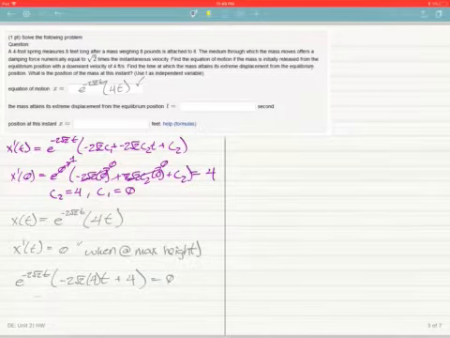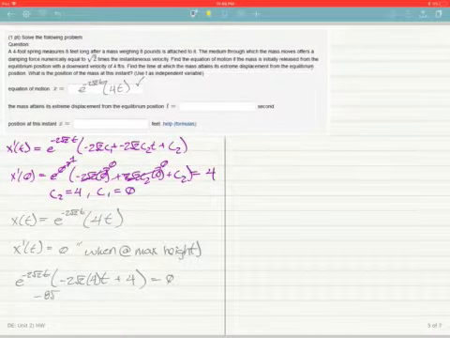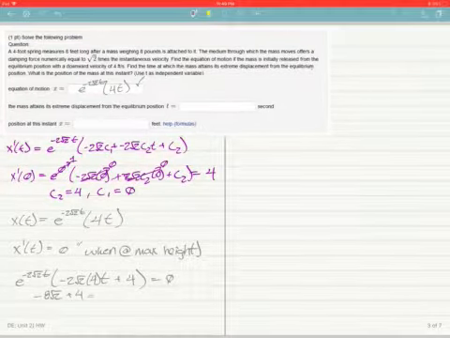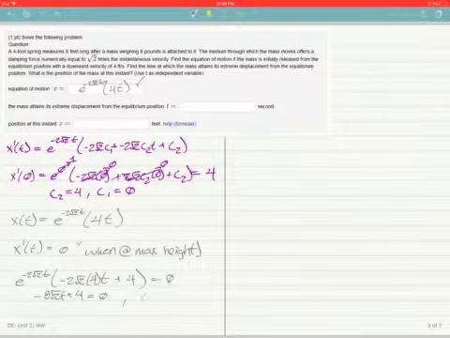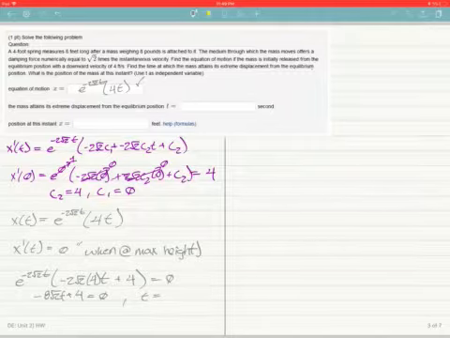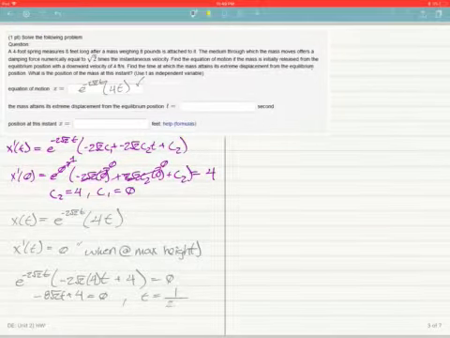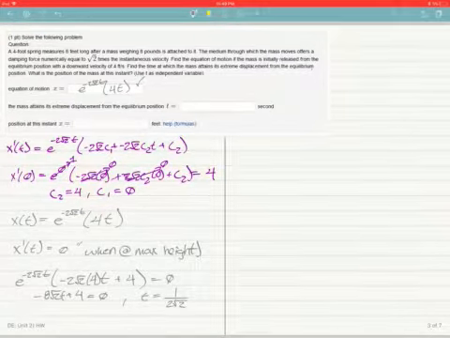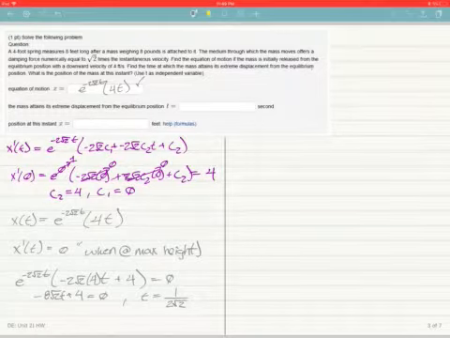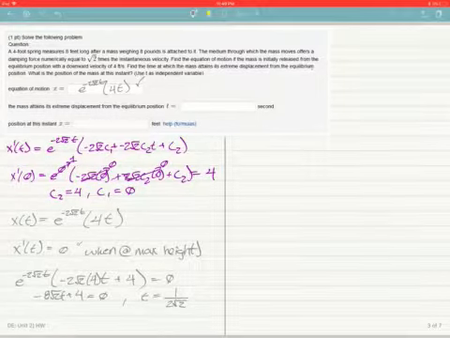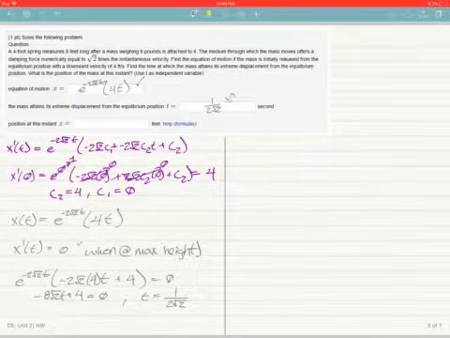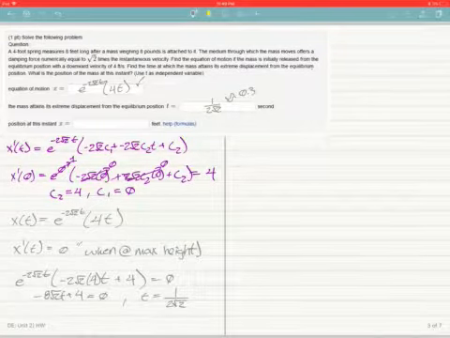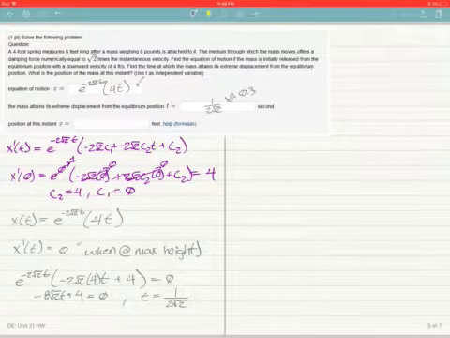Simplifying, setting this equal to 0, we have negative 8 square root of 2 t plus 4 equals 0, and then t, the time, would be 1 over 2 square root of 2. Very nice. So we have 1 over 2 square root of 2 seconds, and this is pretty close to 0.3 seconds.